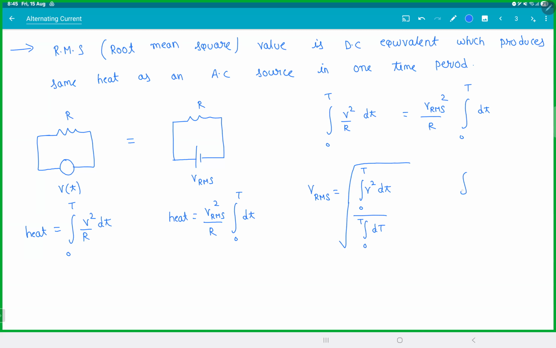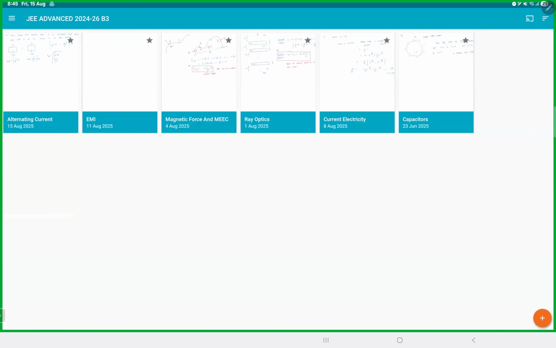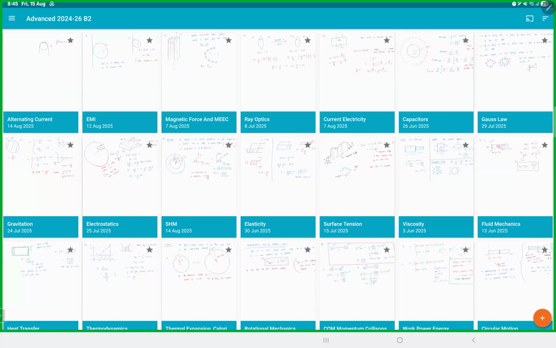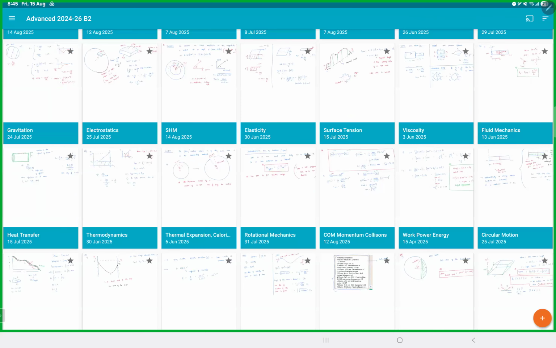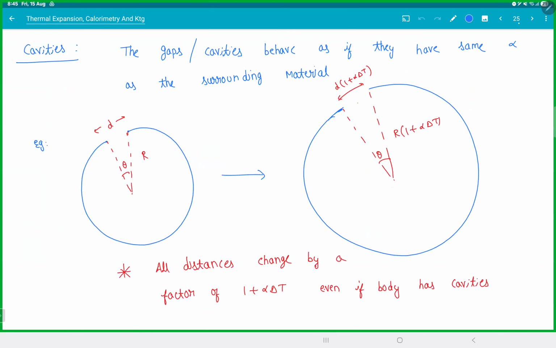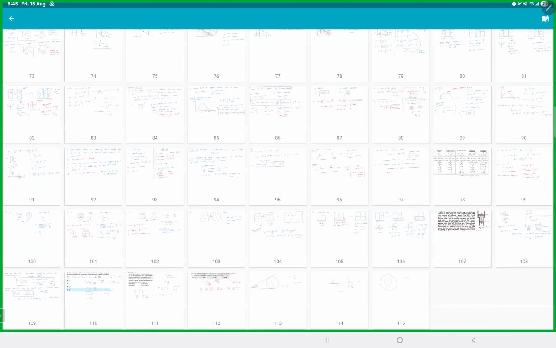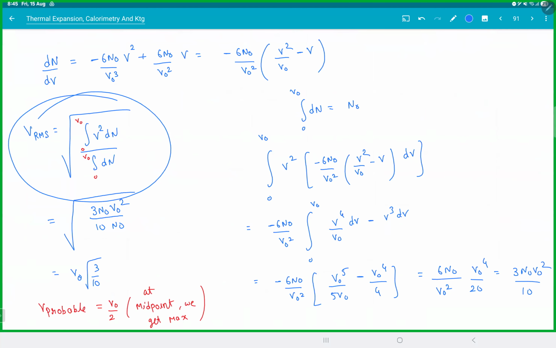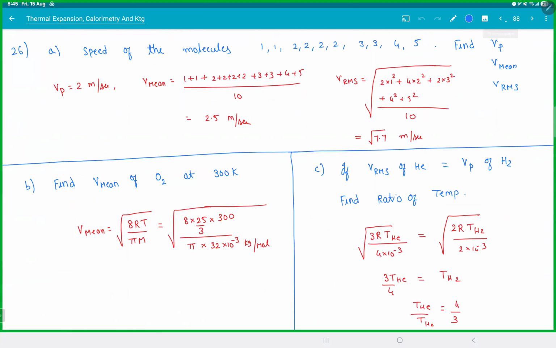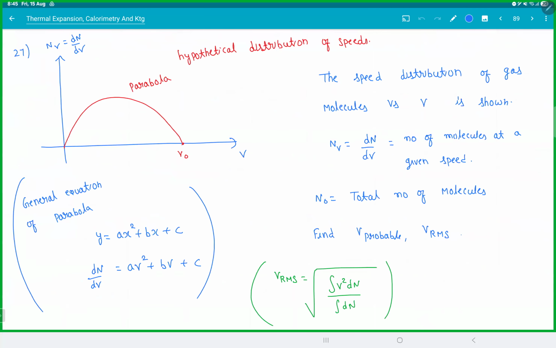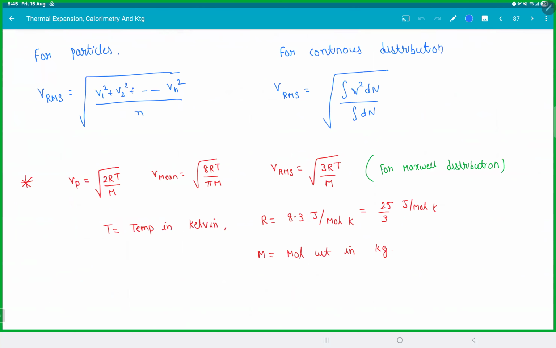Integral V square dn by integral dn. RMS velocity of molecules, the general formula. We did some weird questions also on that. There, this was the formula for VRMS, if you remember. And we did some questions of this sort, different functions and all. There, this was the continuous distribution.